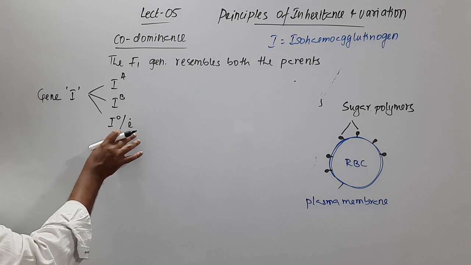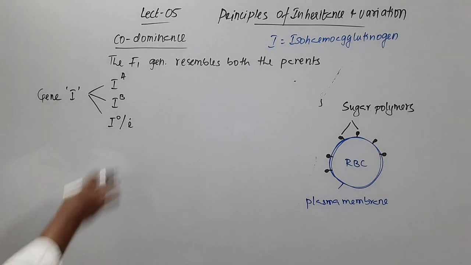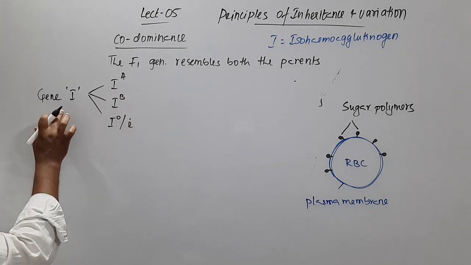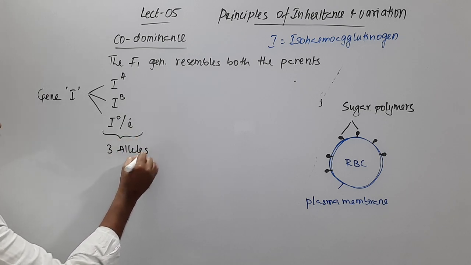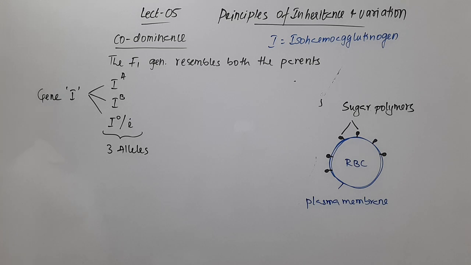Okay, so that will be the recessive one. So here there are three alleles. But we know that in a diploid organism, there will be only two copies of each gene as a pair of alleles.